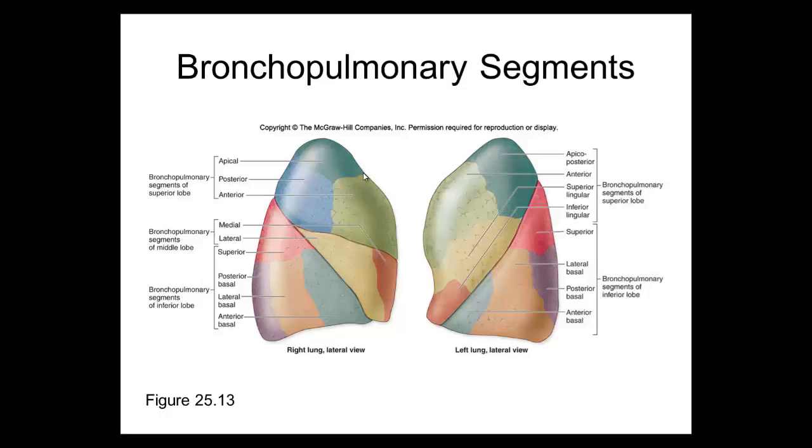So you can remove that segment from the lobe without affecting the function of the others, because this segment is receiving blood branches and bronchial branches that are different than this one, right? We call that the bronchopulmonary segments, which is very important if you are removing a lesion like cancer or sarcoid from the lung, because that part is independent.